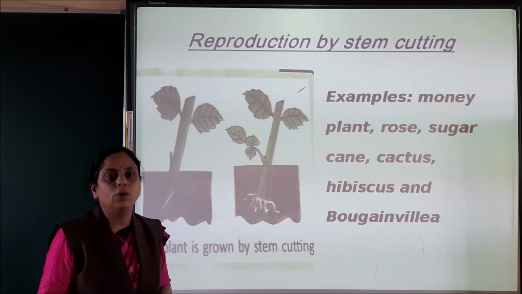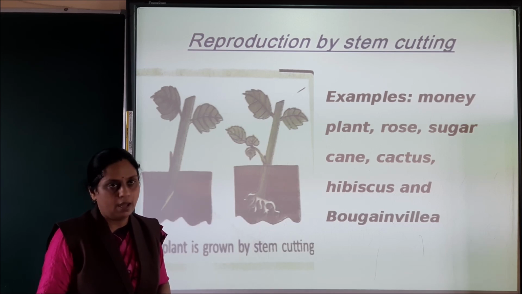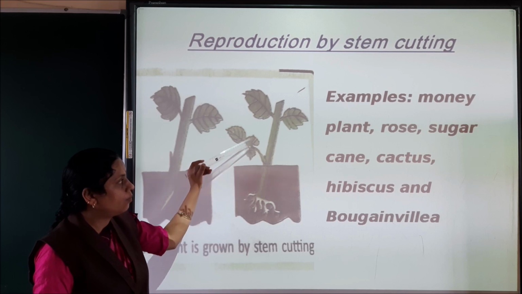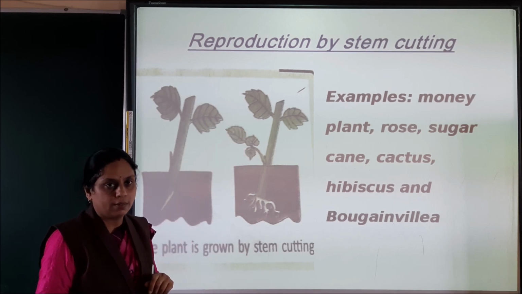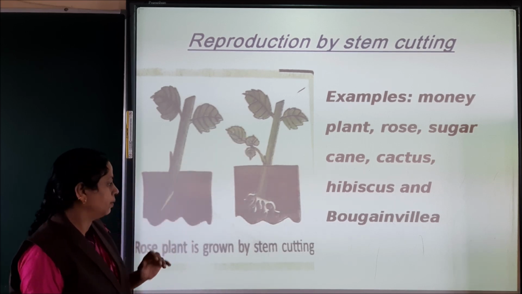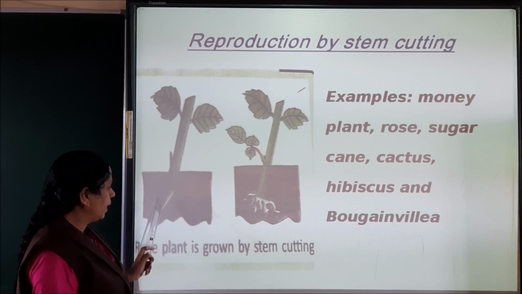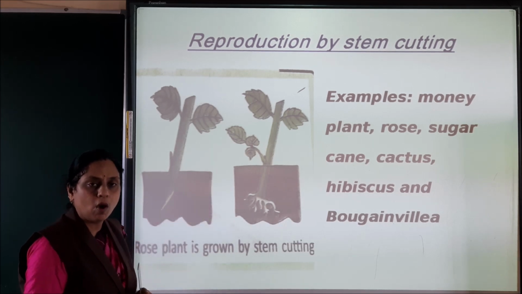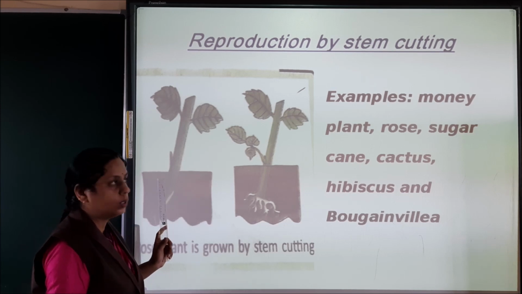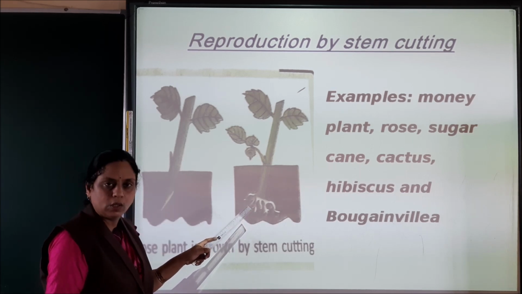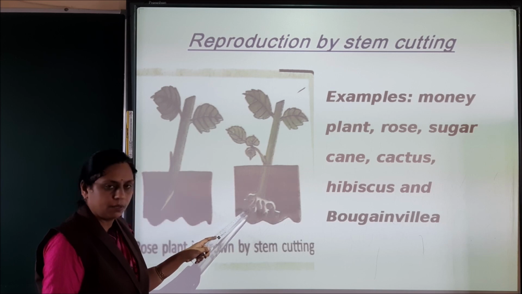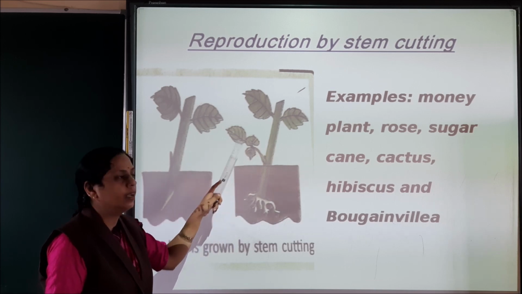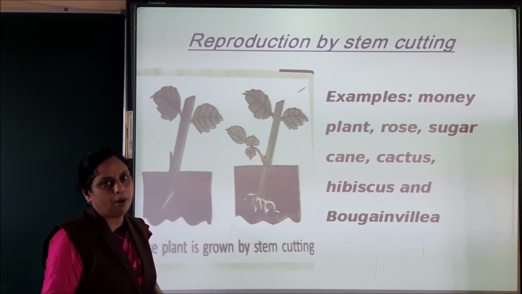You will observe that roots develop and a new plant grows. For example, the rose. If you cut a small part of the stem from this rose plant and plant it in the soil, roots develop, and this will give rise to a new plant.